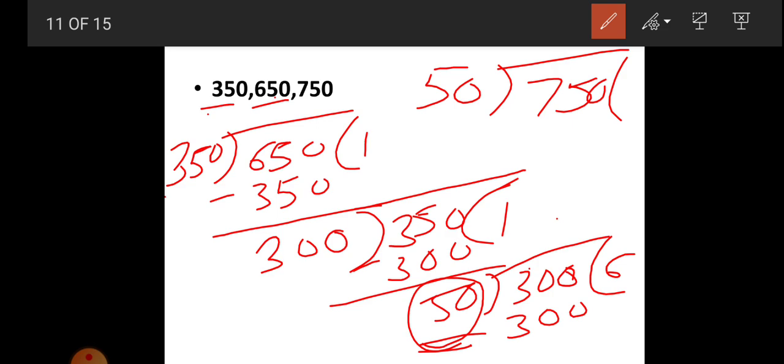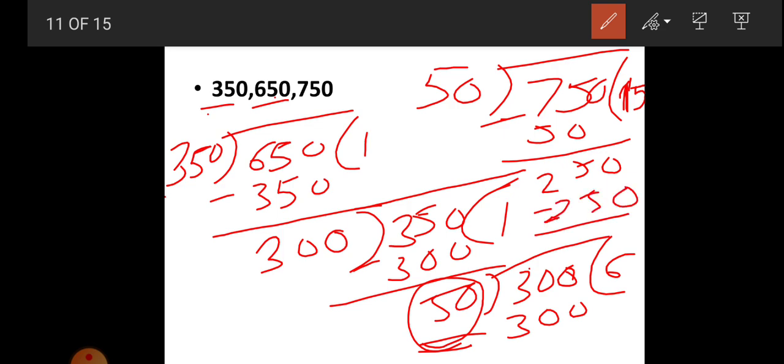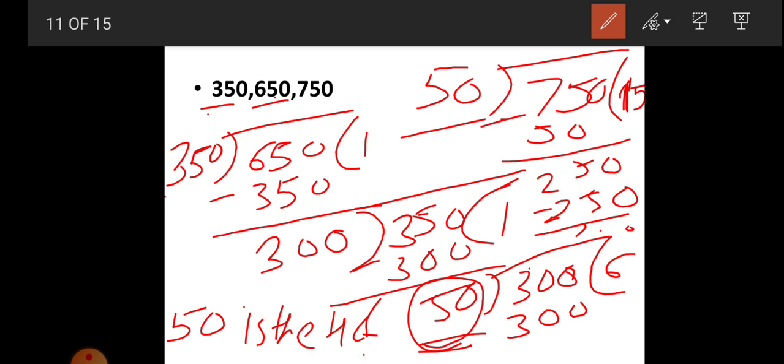So 50 ones are 50, and 5s are... So 50 is the SCF of 350, 650 and 750.